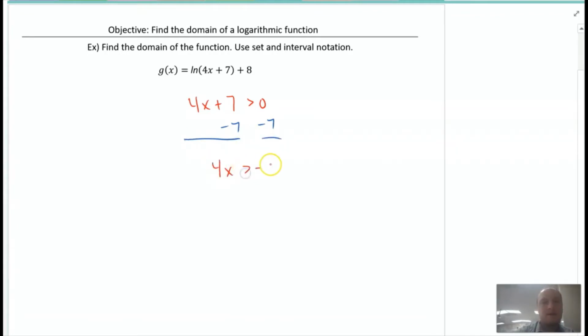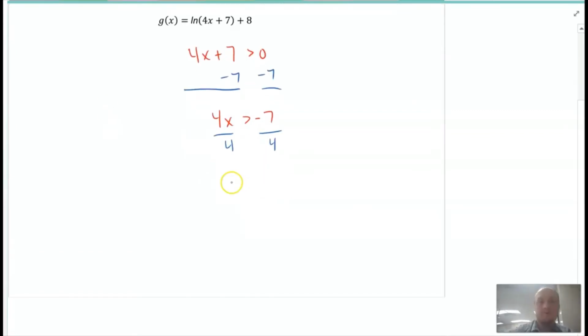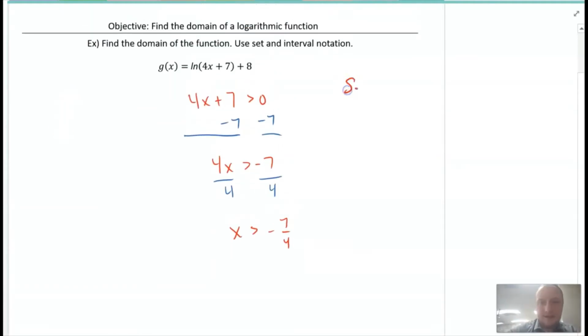So x is greater than negative 7, divided by 4. x must be greater than negative 7/4. Okay, so in set notation, this is x such that x is greater than -7/4.